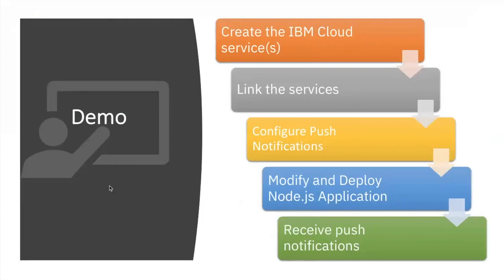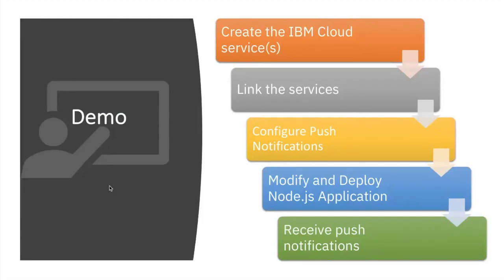We'll also be creating a Node.js service on IBM Cloud. For those of you who don't know, Node.js is a JavaScript framework which you can use to create your own web application, the front end and the back end of it. So we'll be creating the services on IBM Cloud.